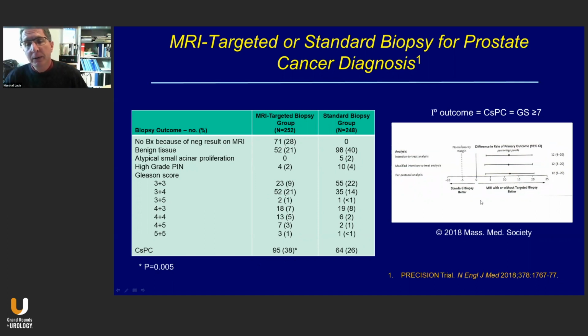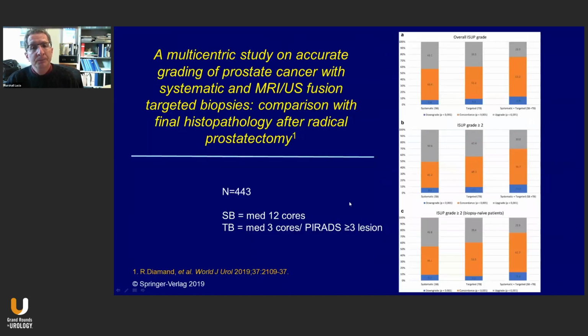And they looked at the primary outcome, and depending on how you want to look at the data, either an intention to treat analysis, which includes all randomized patients, or a subgroup of the randomized patients, as shown here. No matter how you define it, the MRI targeted biopsy outperformed TRUS biopsy for the detection of significant prostate cancer.